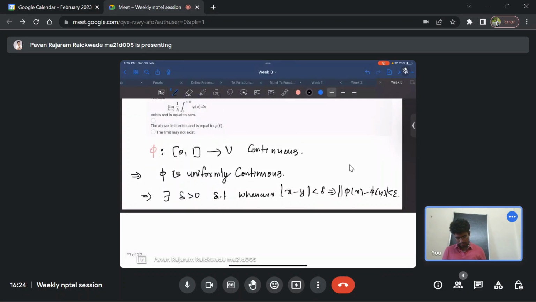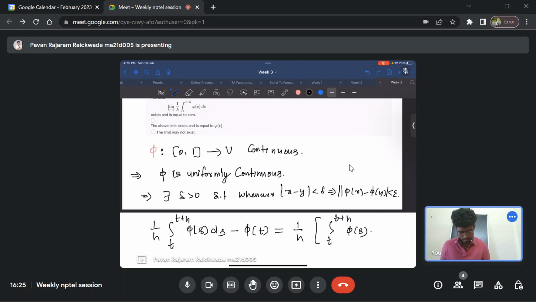So what is 1 by h times the integral from t to t plus h of phi s ds, minus phi t? This is equal to 1 by h times the integral from t to t plus h of phi of s minus phi of t.